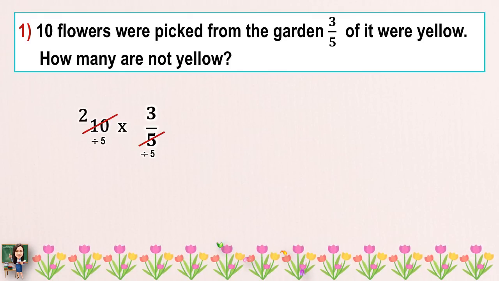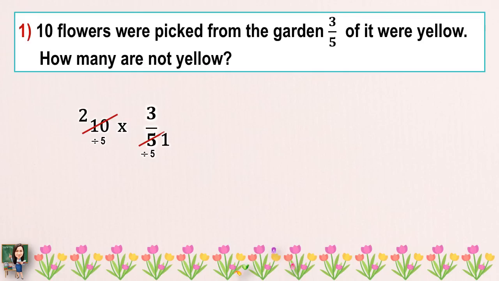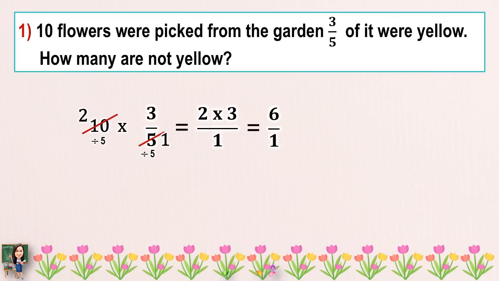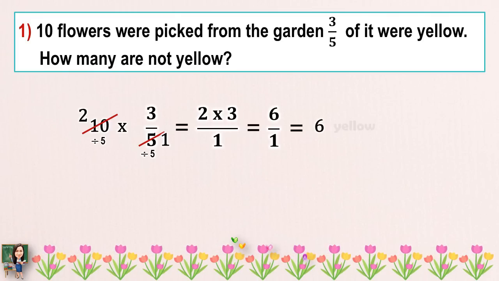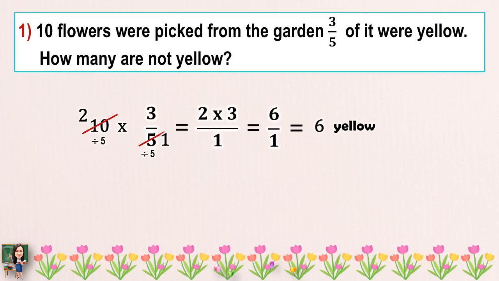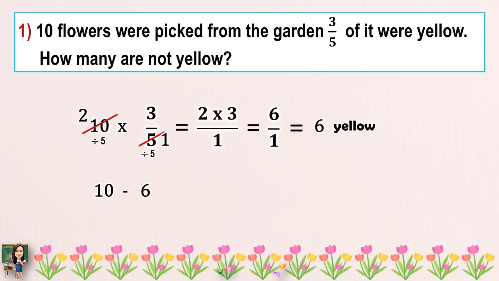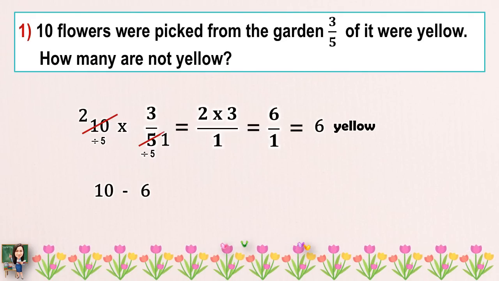Then 5 divided by 5 equals 1. Then multiply. 2 times 3 equals 6 over 1. 6 divided by 1 equals 6. So there are 6 yellow flowers. Now, subtract 10 flowers minus 6 to get how many are not yellow. 10 minus 6 equals 4. 4 flowers are not yellow.